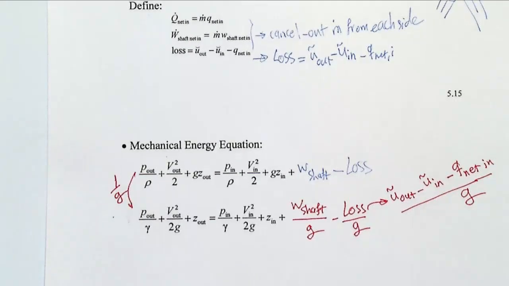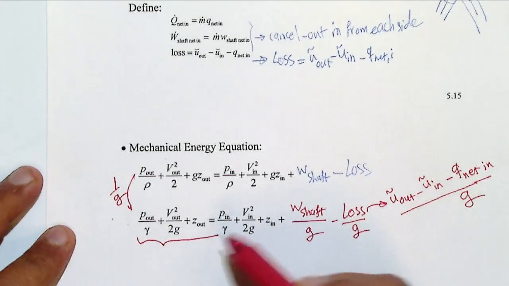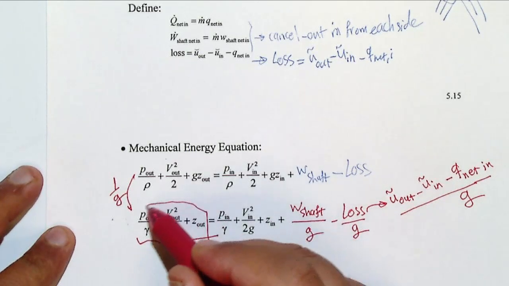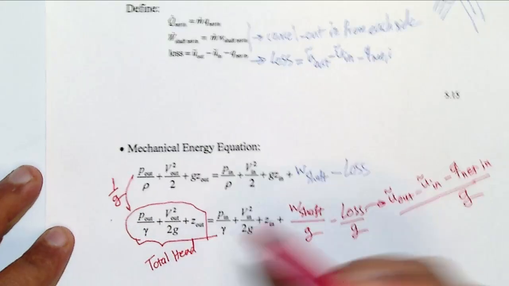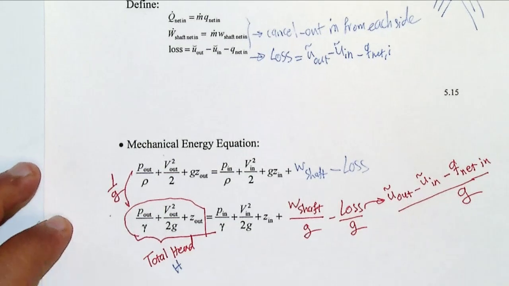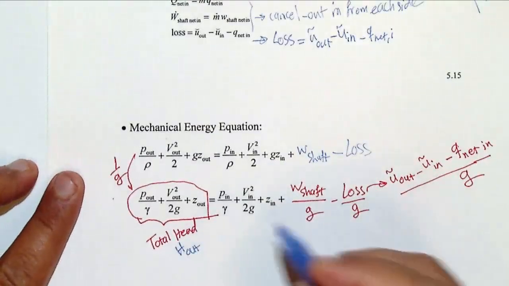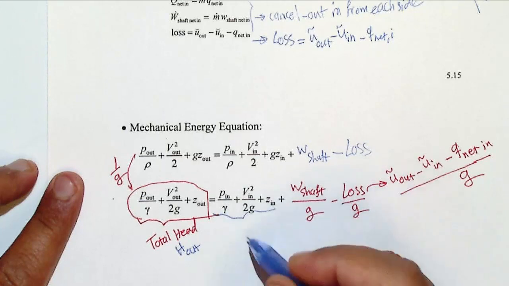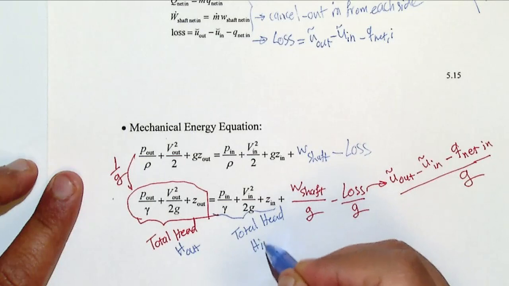Let's give a name to each. This is going to be your total head. These terms, the Bernoulli terms, up to here, are your total head of energy, and we'll show it by capital H. For the output, we have total head out, and here you will have total head in, or H in.